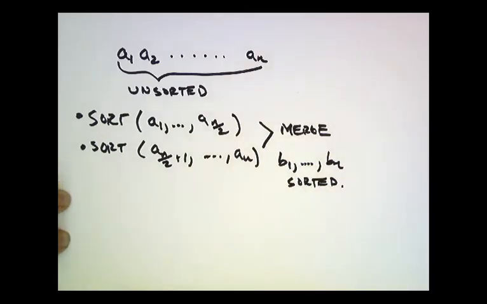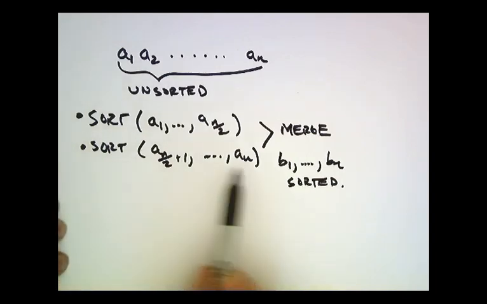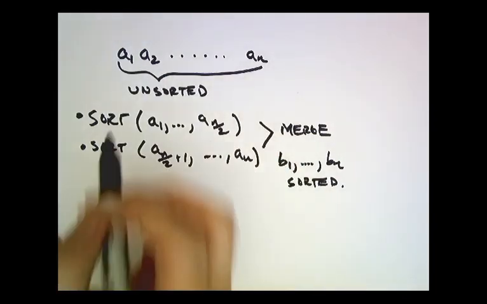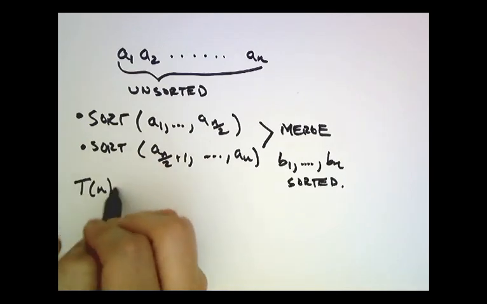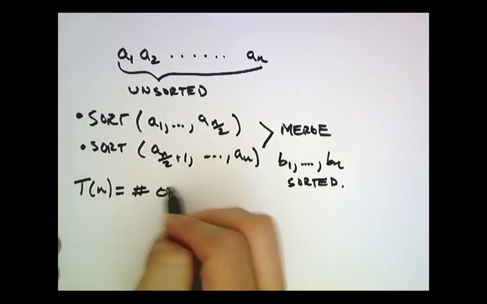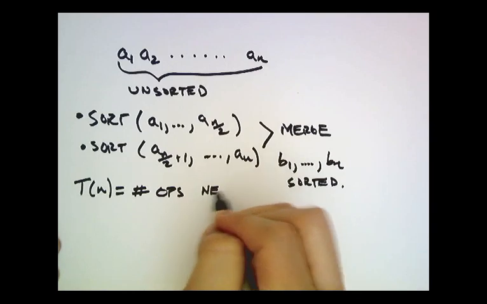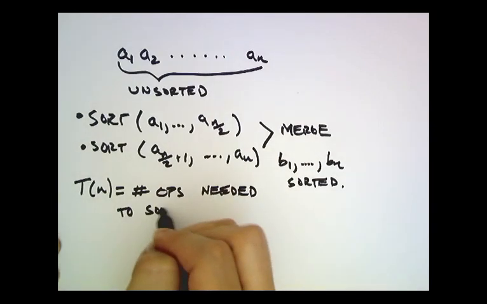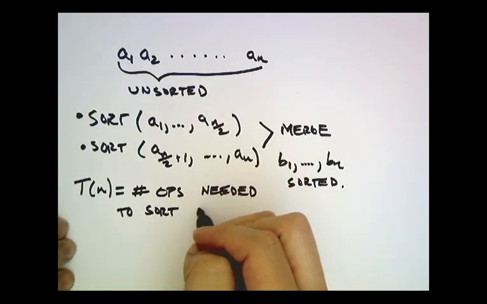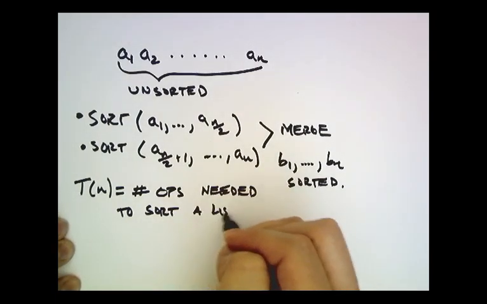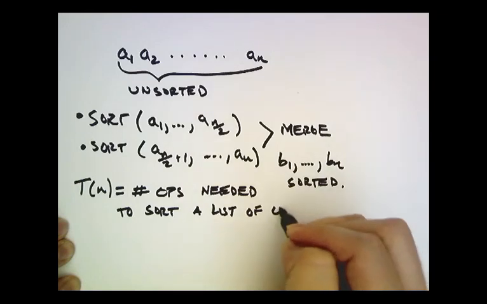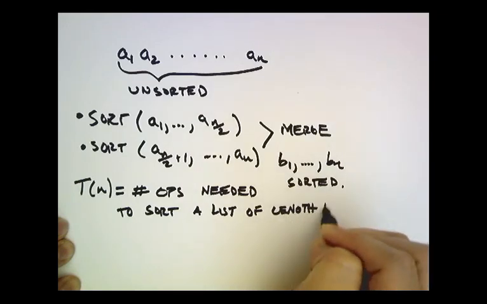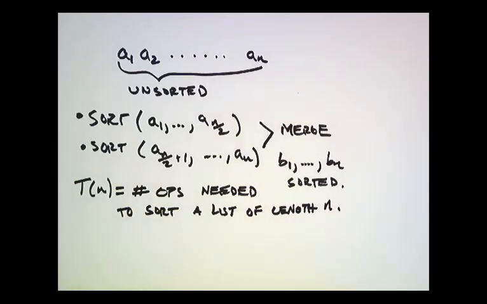So how do we write a recurrence for the number of operations that we need in order to sort a list of length n? Let's say T of n is the number of operations needed to sort a list of length n.